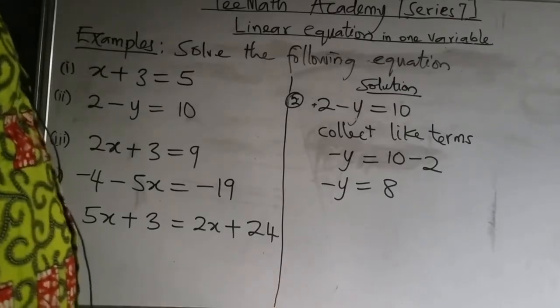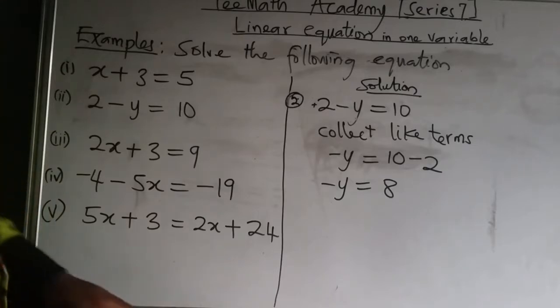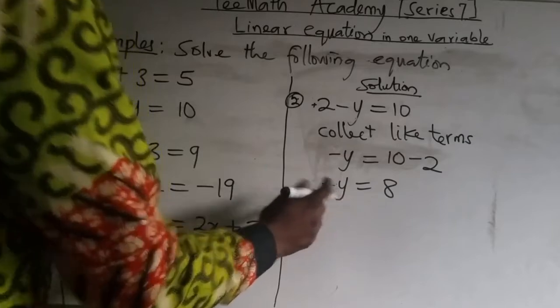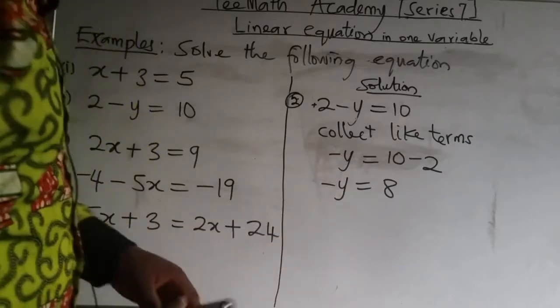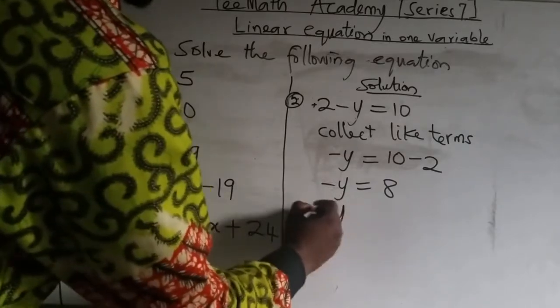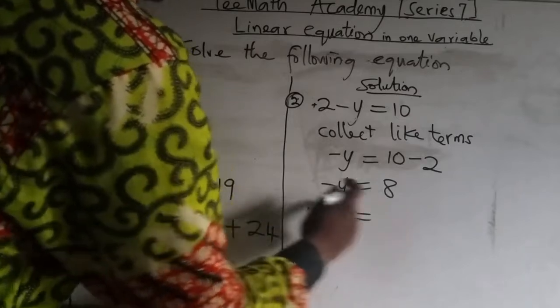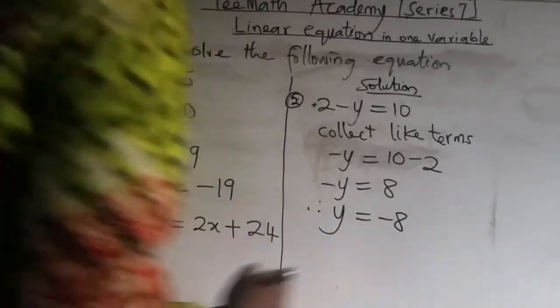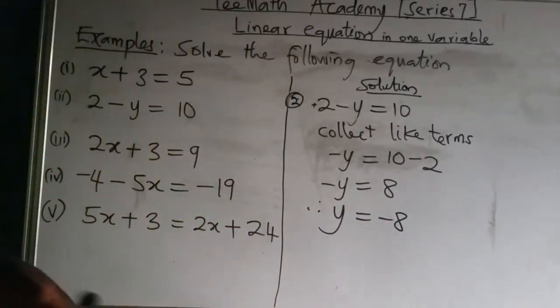You don't need to do that. There's another way, an alternative. Since you know that this letter here must not be in negative sign, you just write, so therefore y is equals to, now transfer this sign to the number. That is it. Minus 8. So that is the final answer.